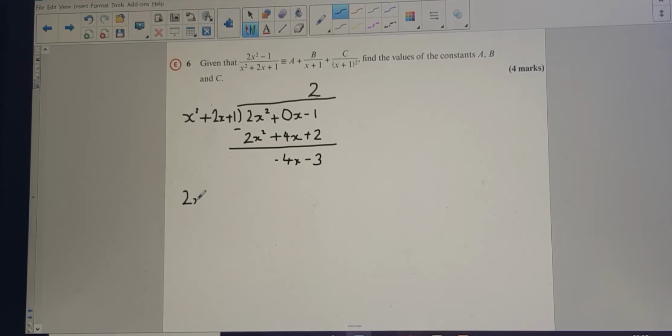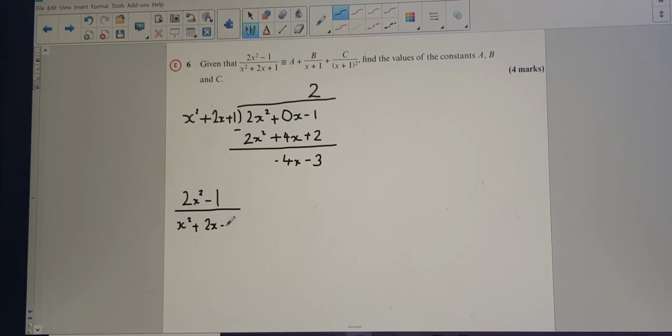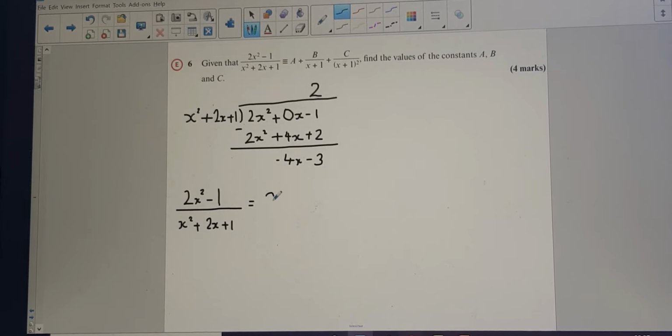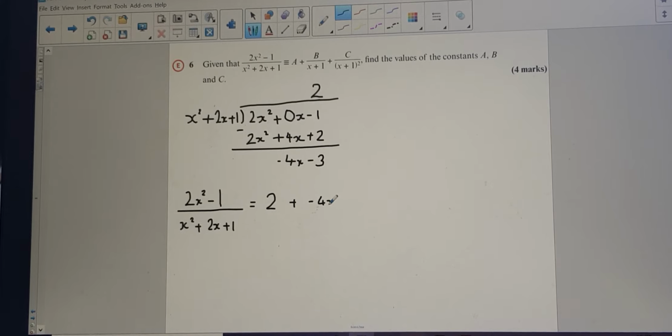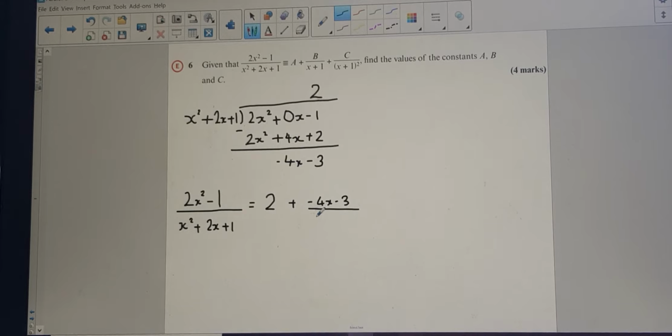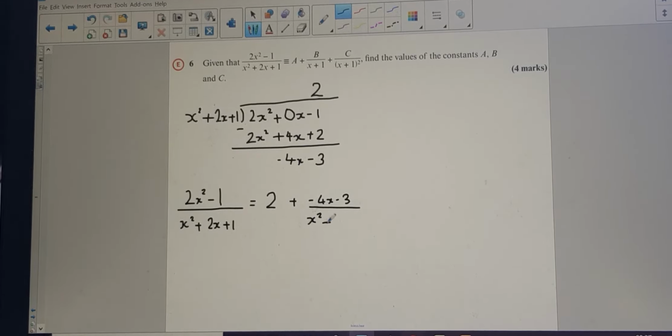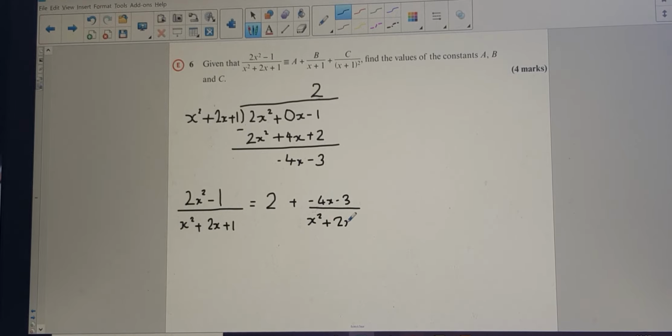So I know that this sum here, (2x² − 1)/(x² + 2x + 1) is equal to 2 wholes and −4x − 3, this is my remainder, over the thing that I was dividing it by, x² + 2x + 1.